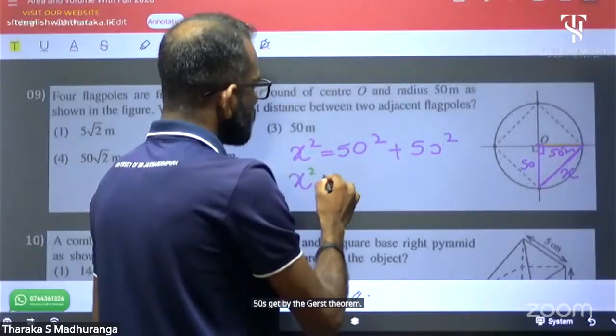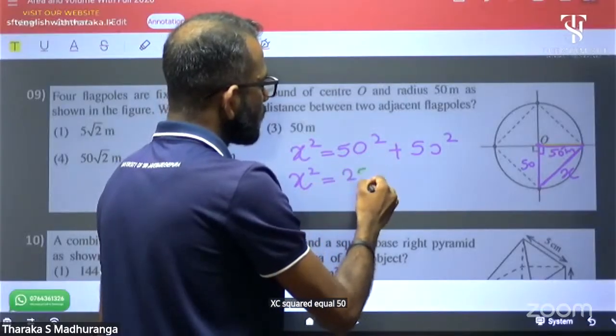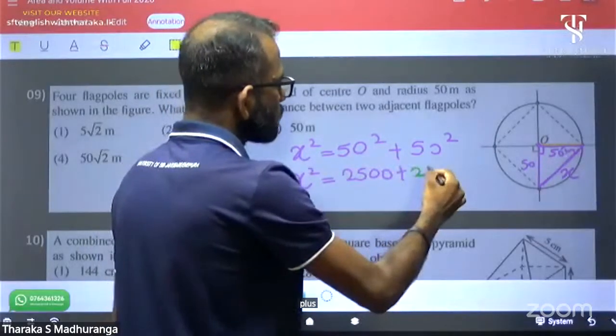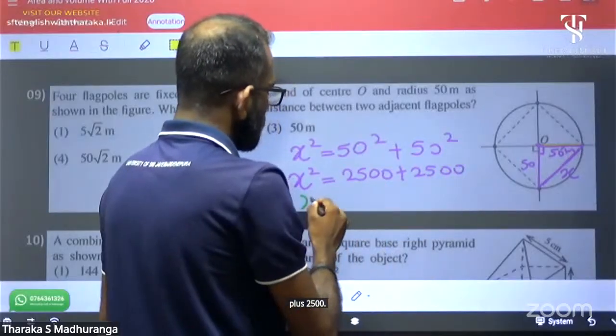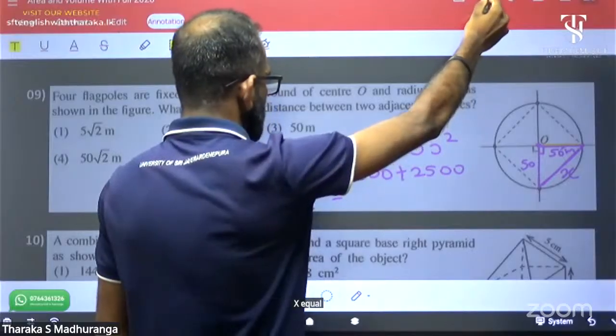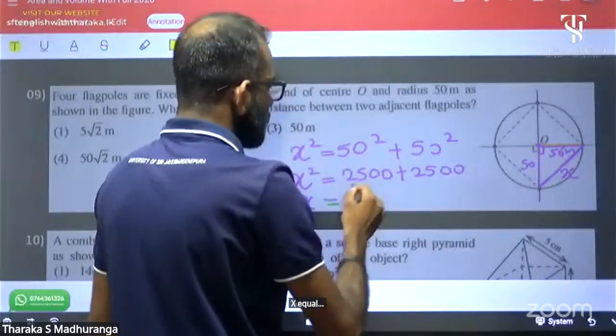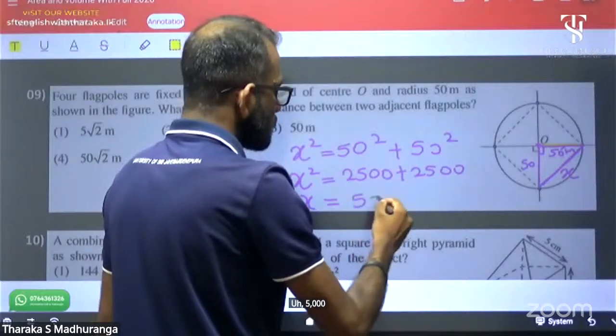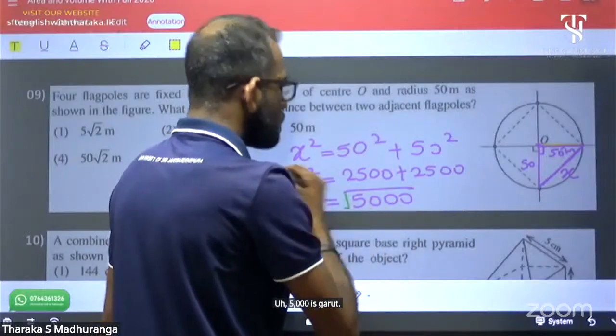X squared equals 2500 plus 2500, so x equals the square root of 5000.